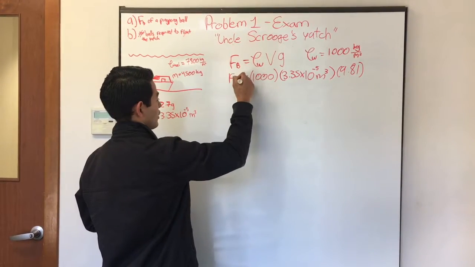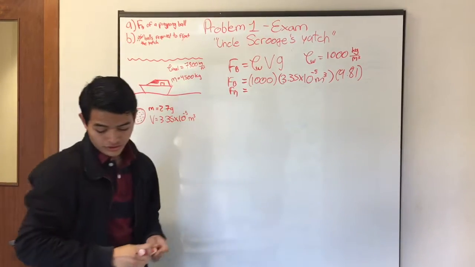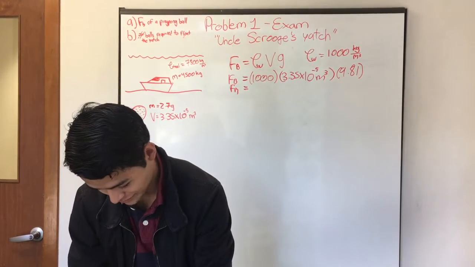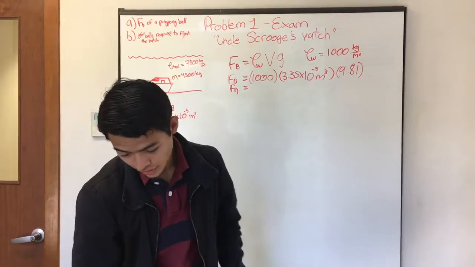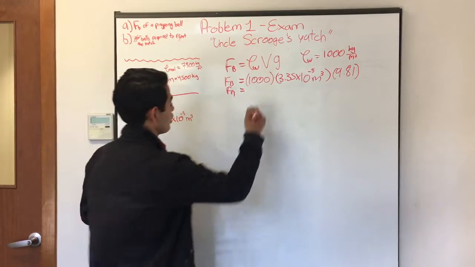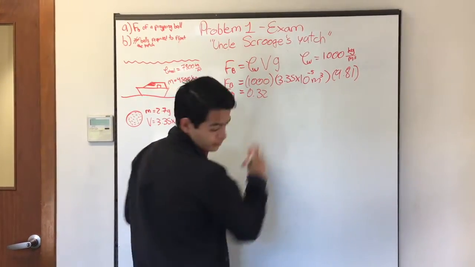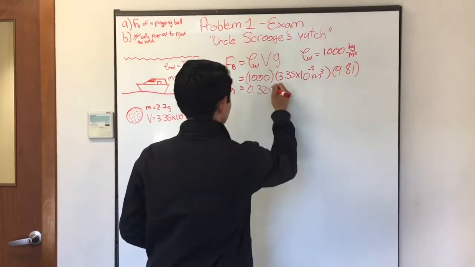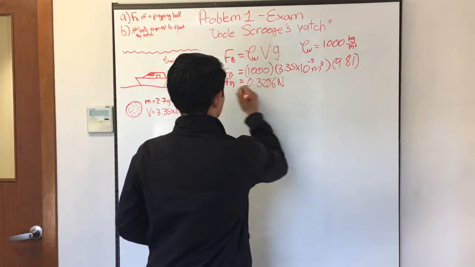Then we have that the buoyant force of the ball is equal to 0.3286 newtons.